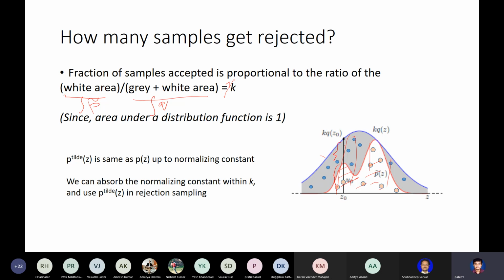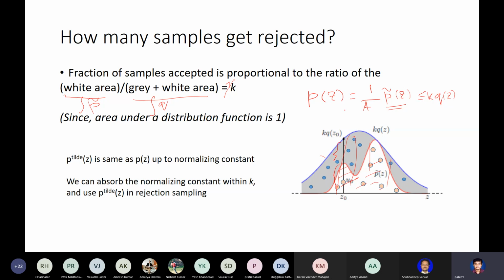One more thing: so far we have used P tilde in rejection sampling, but your actual target distribution p(z) is 1 by some constant, say A, times P tilde(z). You usually call it capital Z, but I have already used z, so I'm not using it. We have drawn a sample by using it as a lower bound of some standard distribution kq(z).